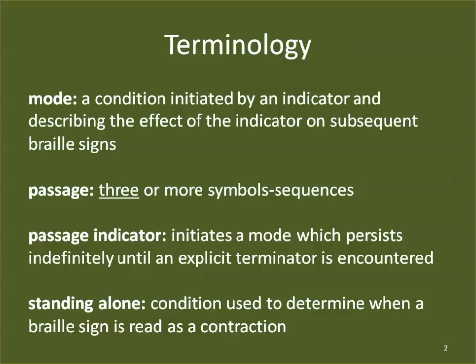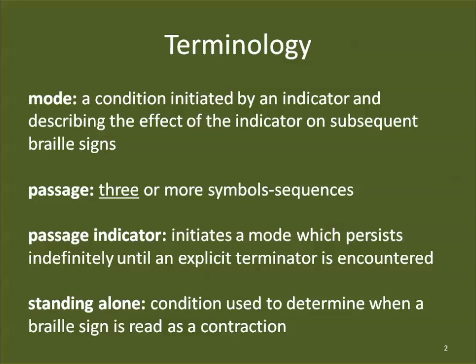A passage UEB defines as 3 or more symbol sequences. Symbol sequences, remember, are basically anything between two spaces. And with UEB, a passage is considered 3 or more of those symbol sequences. In the old code, in EBAE, it was more than 3 words that were considered a passage.